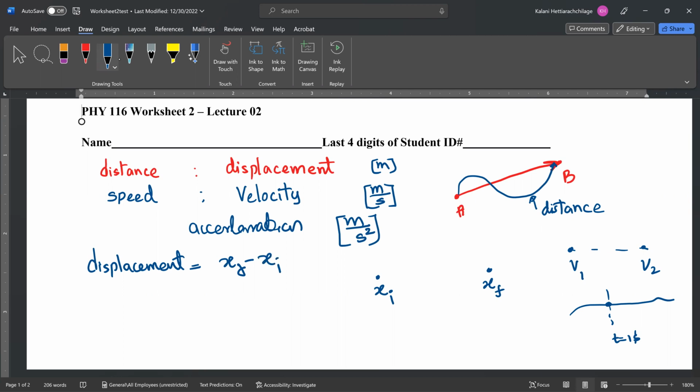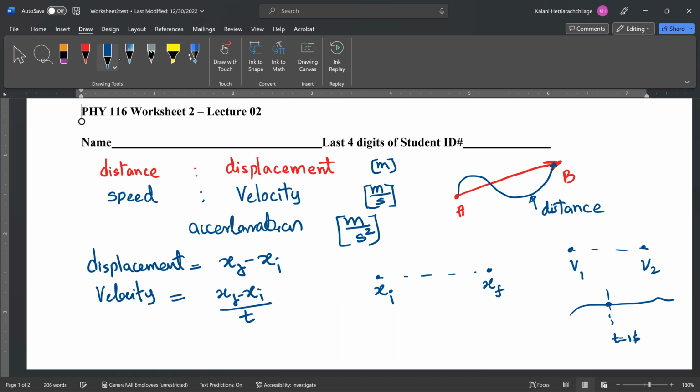After you define the displacement, you can define velocity, because velocity is basically displacement per unit time. Rate of change of displacement, we call it velocity. So that means you can write x final minus x initial divided by the time it takes.